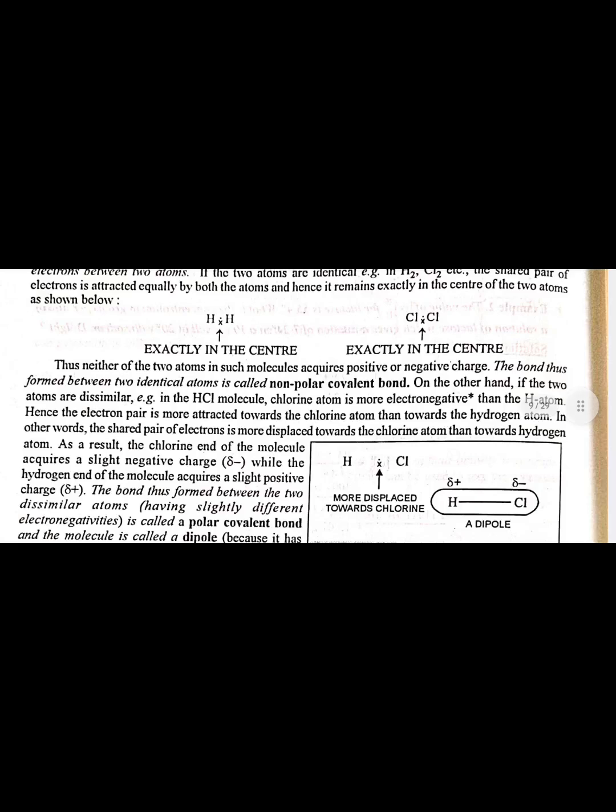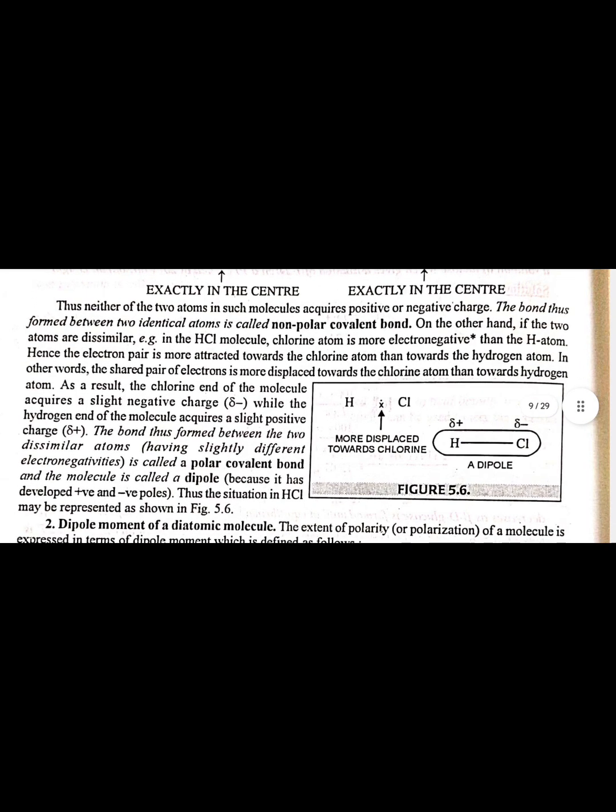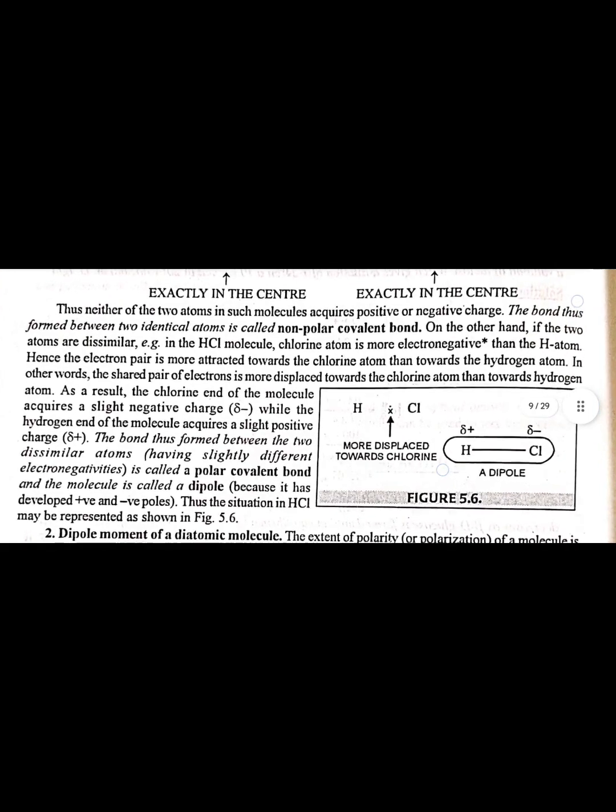H exactly in the center, Cl exactly in the center. Thus, neither of the two atoms in such molecules acquires positive or negative charge. The bond thus formed between two identical atoms is called non-polar covalent bond.